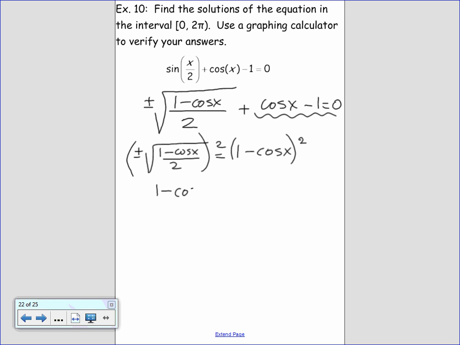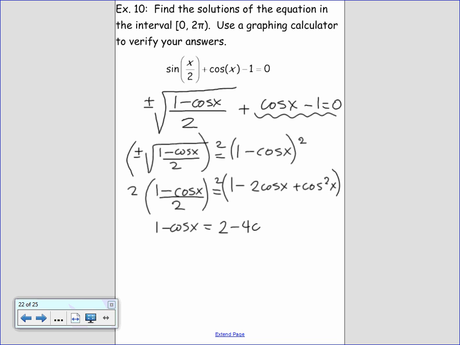1 minus the cosine of x over 2 is the left side. The right side, if I FOIL this out, would be 1 minus 2 cosine of x plus cosine squared of x. And then I still don't like the fraction, so I'm going to multiply both sides by 2. And I get 1 minus the cosine of x equals 2 minus 4 cosine of x plus 2 cosine squared x.